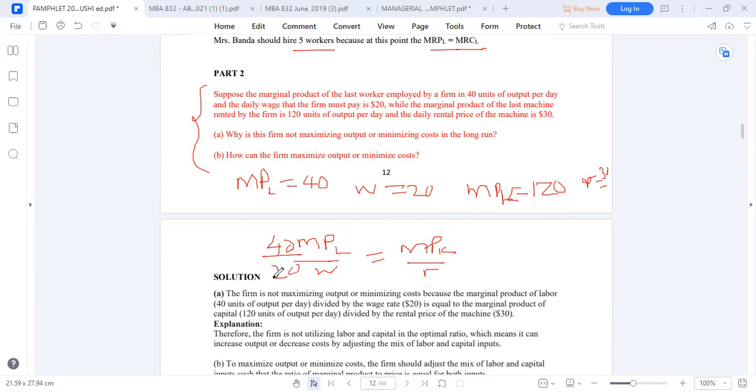So 40 divided by 20 gives us 2. And for capital, the marginal product was 120 and the rental was 30. Divide that, and we get 4. So these two are not the same.